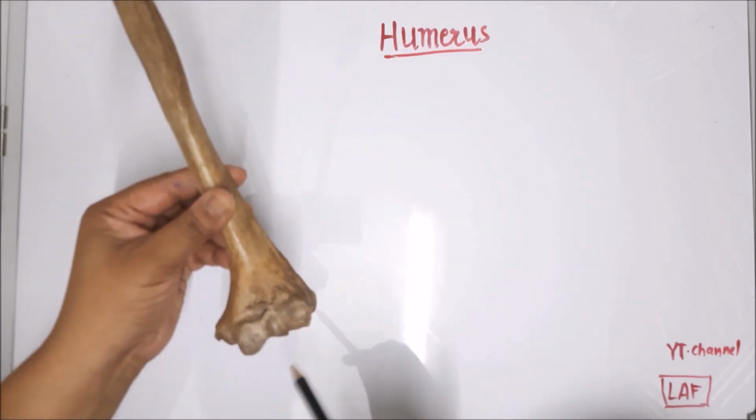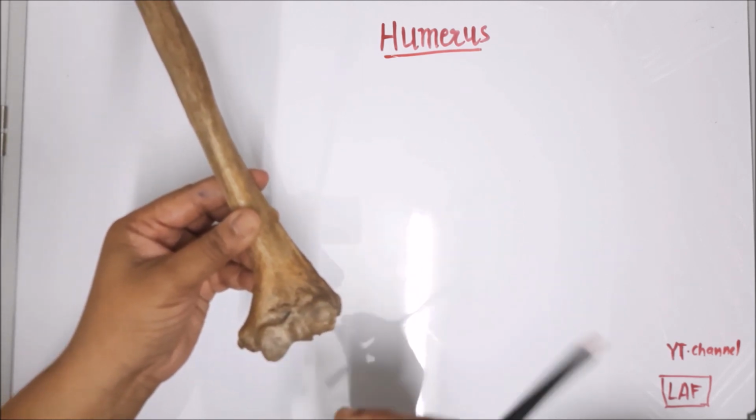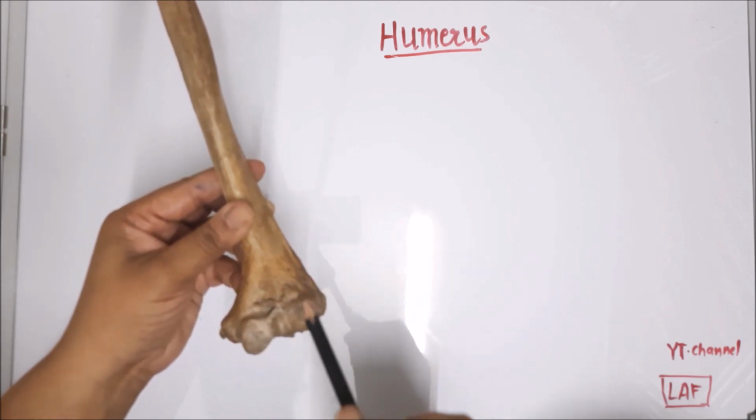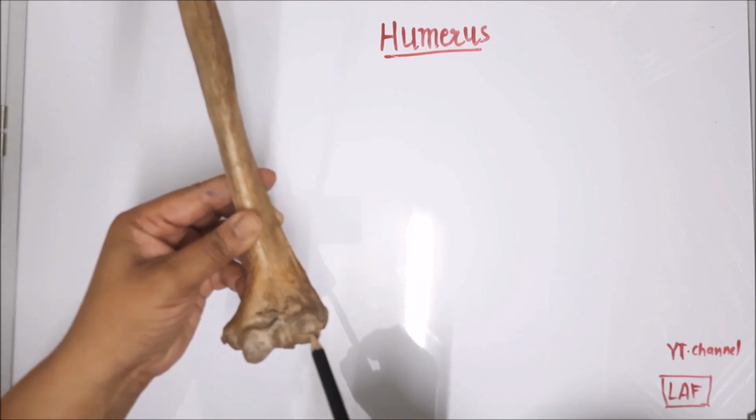And at the lower part there are two articular surfaces. This pulley-shaped articular surface is known as the trochlea, whereas the head-like rounded articular surface is known as the capitulum.